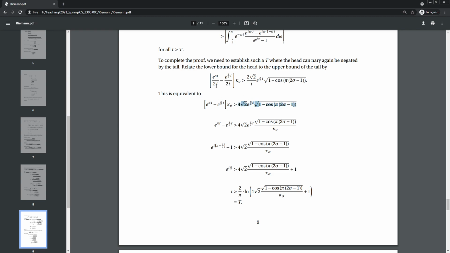Right? So we've only dealt with the denominator over here. Now we move kappa sigma over, and we will deal with that. And then here we try to make a simplification. Right? So this, e to the pi t minus e to the pi over 2t.